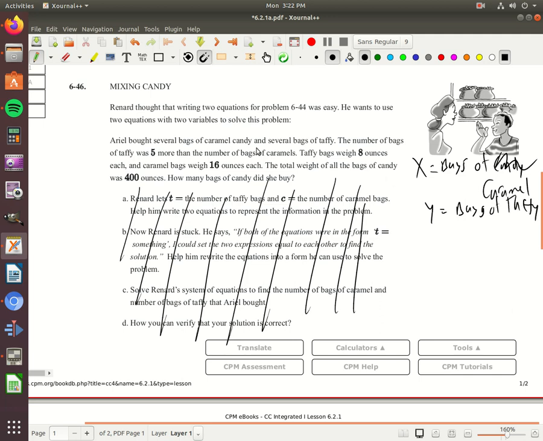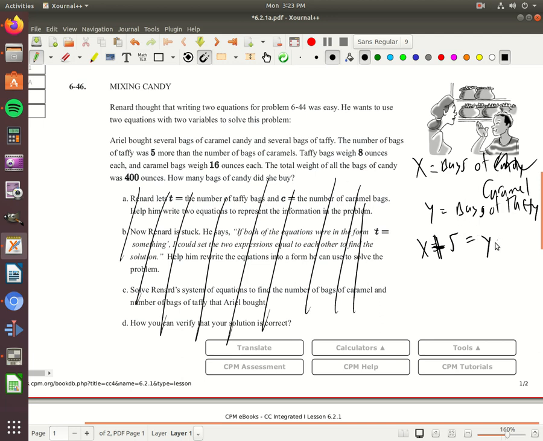And now we can write two equations that go with it. Ariel bought several bags of caramel candy and several bags of taffy. The number of bags of taffy was 5 more than the number of bags of caramel. So if you take the number of bags of caramel and add 5 to it, you'll get the bags of taffy, right?